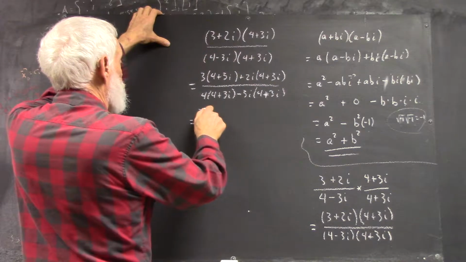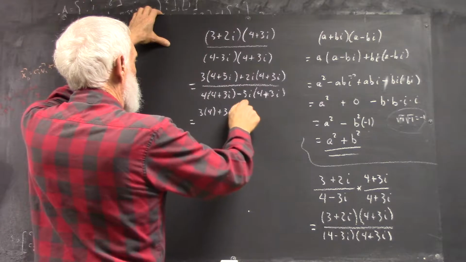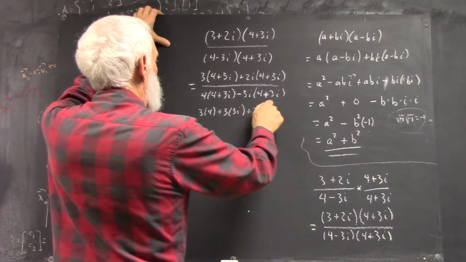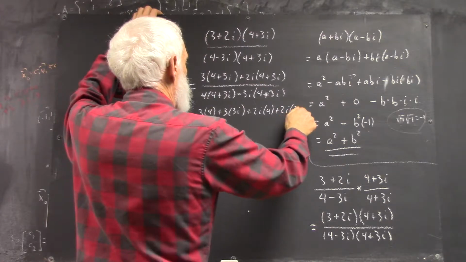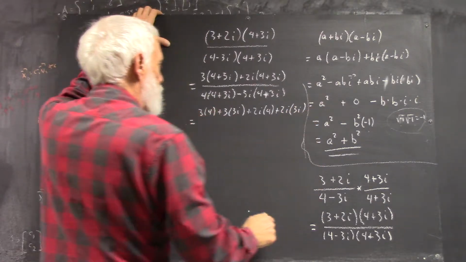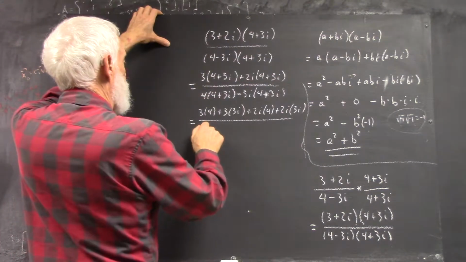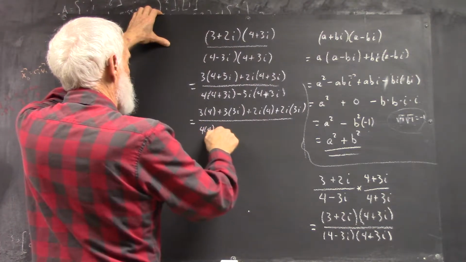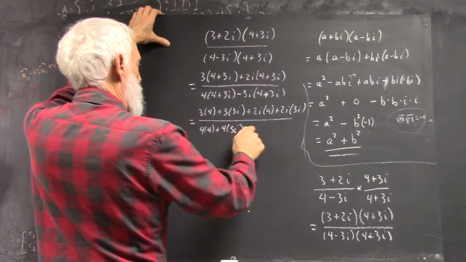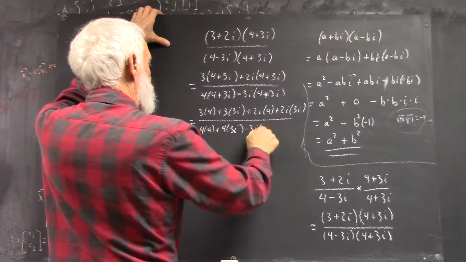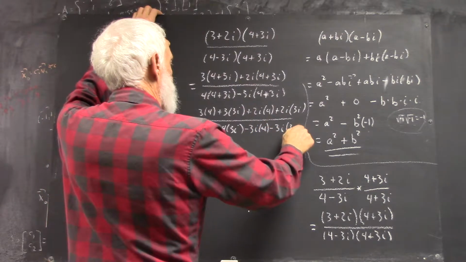So now we have 3 times 4 plus 3 times 3i plus 2i times 4 plus 2i times 3i. And that's divided by 4 times 4 plus 4 times 3i minus 3i times 4 minus 3i times 3i.